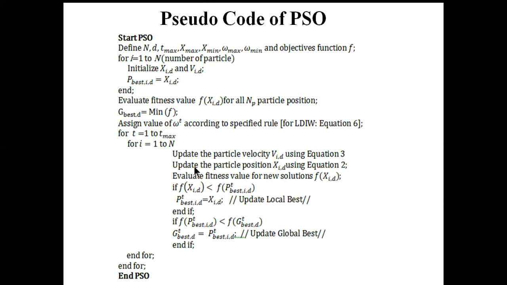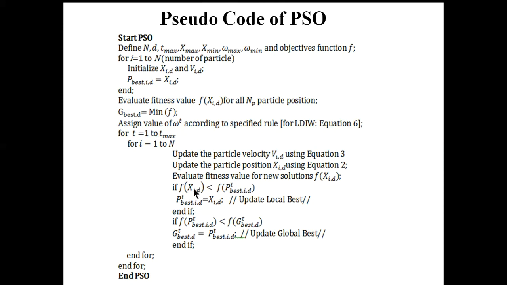After these two steps, we have found the new solution. As soon as we get the new solution, we need to identify the corresponding fitness value. If the corresponding fitness value is better than the earlier local best solution, we need to update the local best.